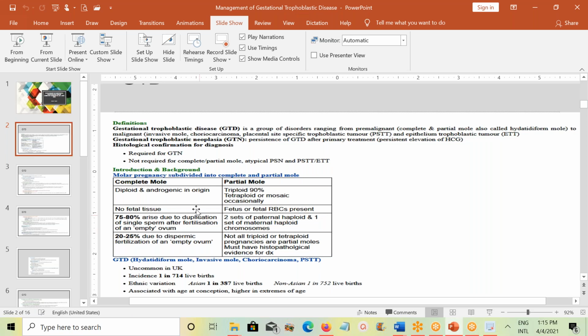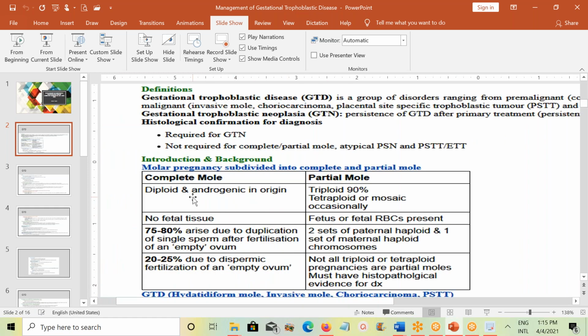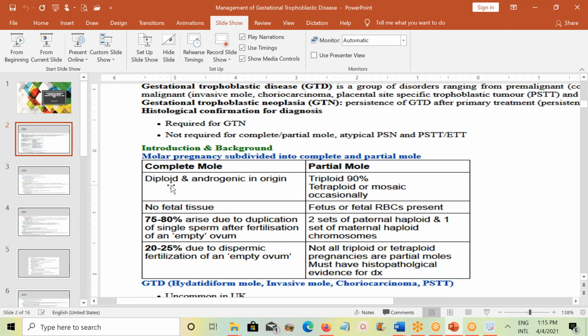Okay. So if we talk about the background of the moles, you should know that moles can be of different types. There is a comparison of the complete and the partial mole. For the complete mole, there is an easy way of remembering it. We say that the complete mole is totally devoid of the baby, and it is androgenic in origin.